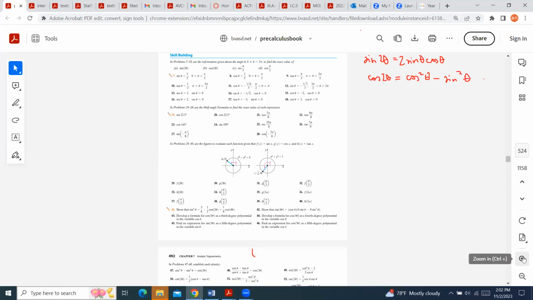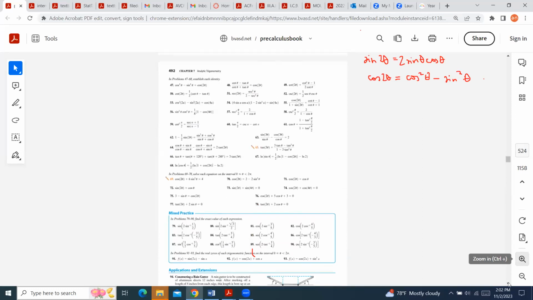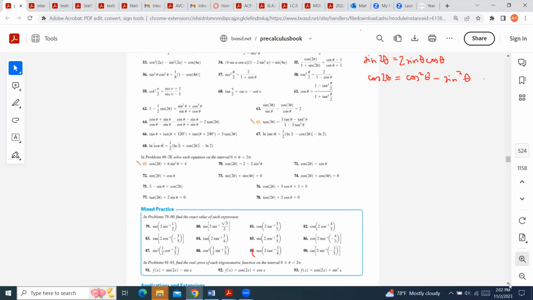So I'm going to try to solve some. I think I saw nice equations that utilize these formulas, somewhere near the end. We haven't seen trig equations for a while.